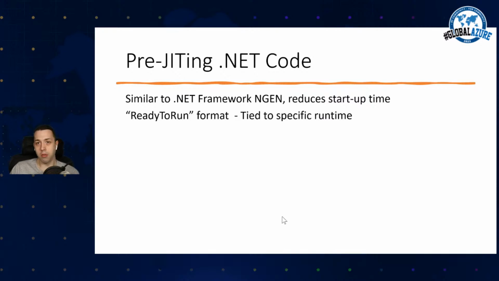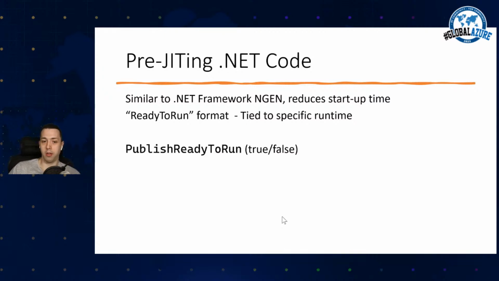In .NET Core, .NET 5, 6, 7, and so on, we have this as the ready-to-run format. There is a tool in the .NET toolchain called CrossGen2 that can generate these ready-to-run assemblies, which are basically assemblies that have as extra metadata the machine code instructions that can be used for a specific platform.